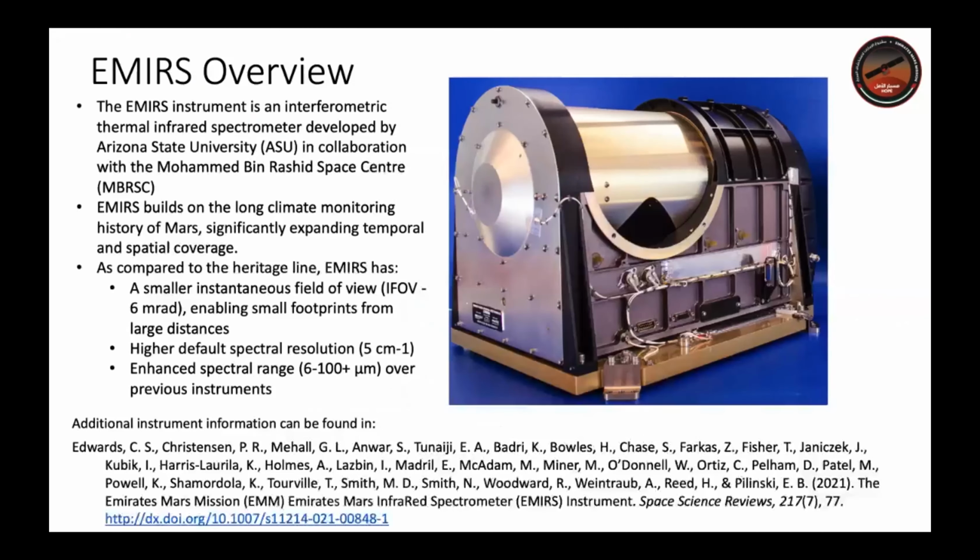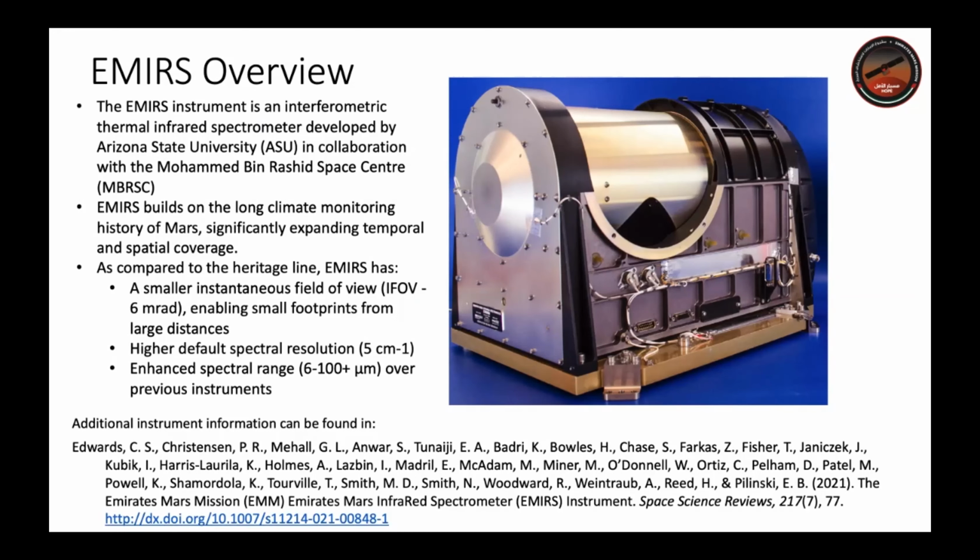EMIRS is an interferometric spectrometer. It has a tiny little mirror inside of it that moves back and forth and creates constructive and destructive interference. That's actually how we measure the different wavelengths of light. Similar instruments to this have gone to Mars and all over the solar system on previous missions, and EMIRS is the next evolution of that instrument.